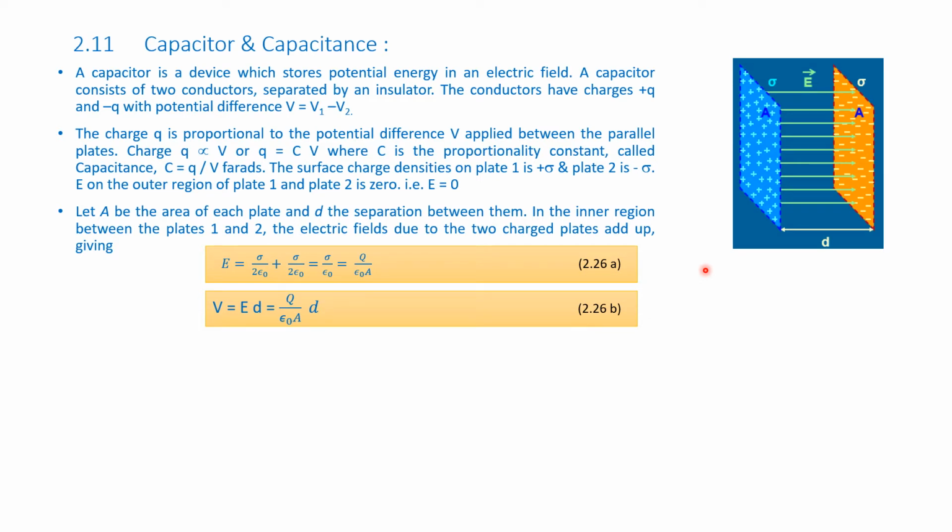From here we will calculate the potential difference. V is the potential difference.